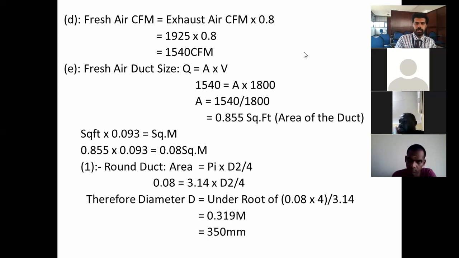Find the diameter of the round duct. Now the length and width of the square and the length and width of the rectangular.